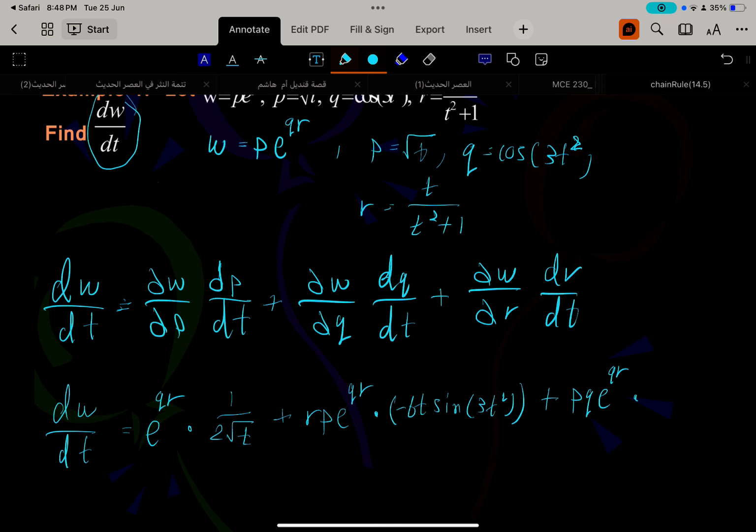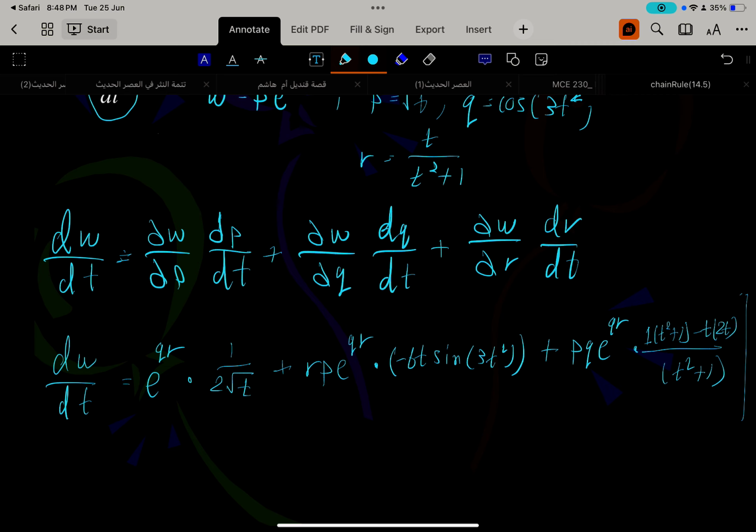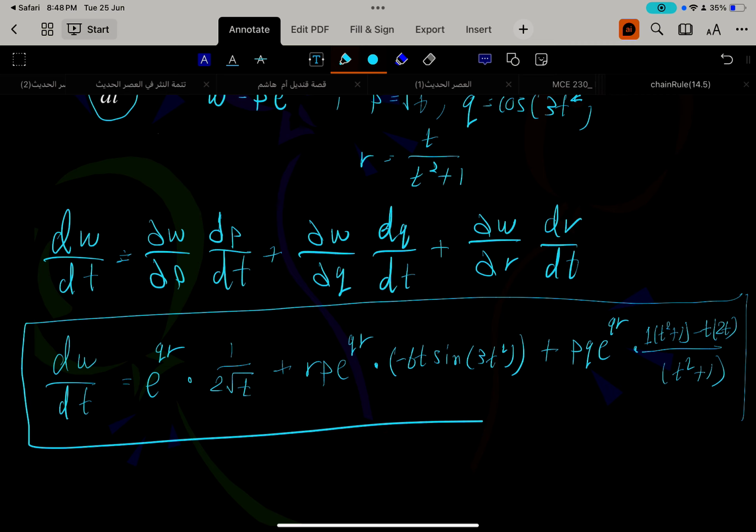multiplied by dr with respect to dt, which is the quotient rule: 1 times t squared plus 1 minus t times 2t, over t squared plus 1 squared. This is basically the derivative of w with respect to t.